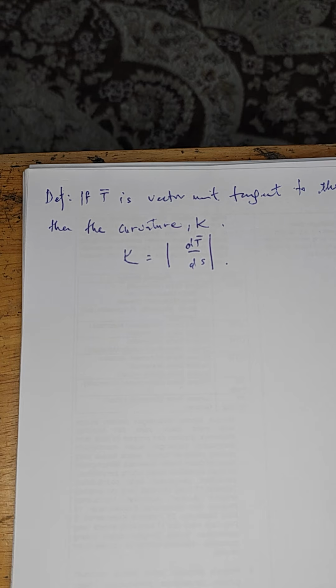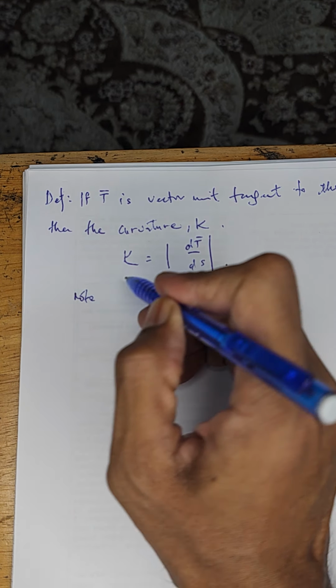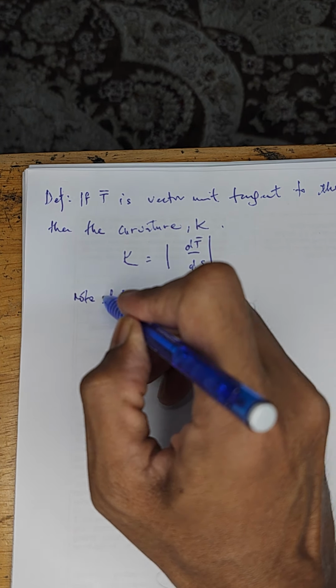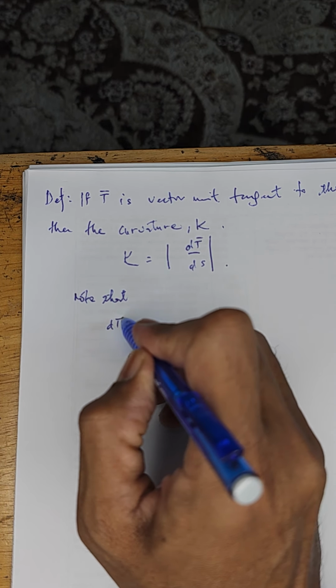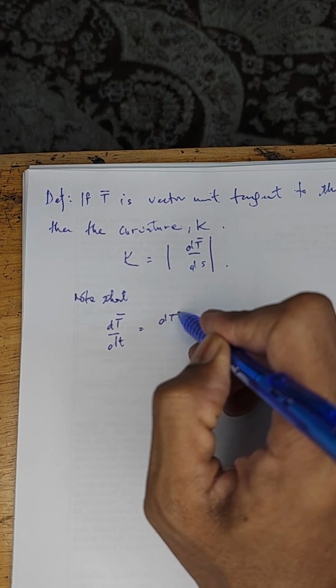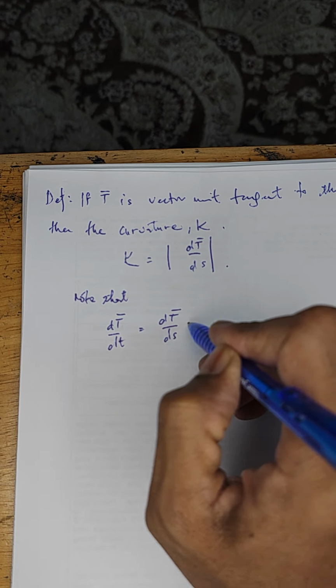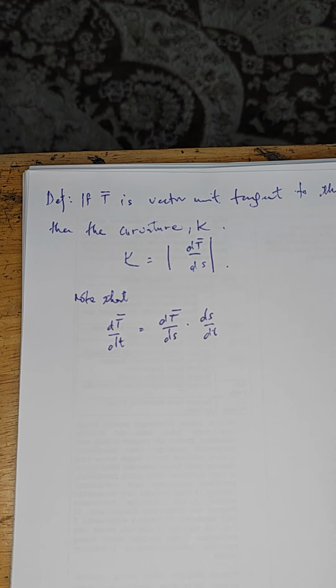Okay, and we note that you can use the chain rule. We note that dT over ds is equal to dT over dt times dt over ds.